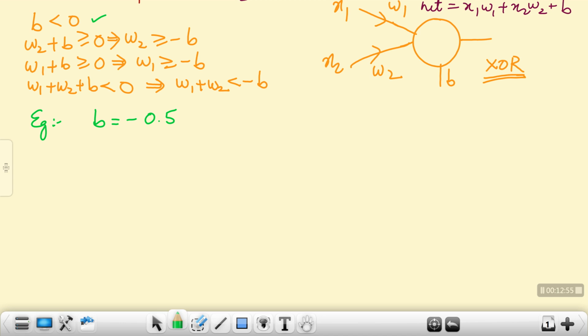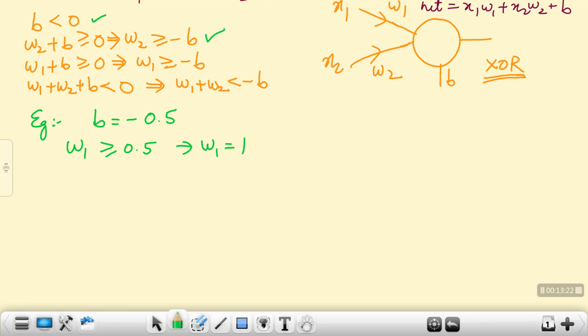We take w1 and w2 both the same value for now. W1 should be greater than minus of bias, which is plus 0.5, so I select w1 equal to 1.